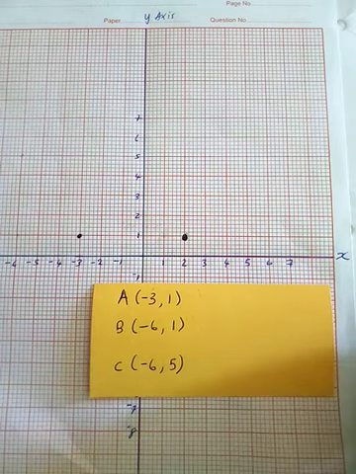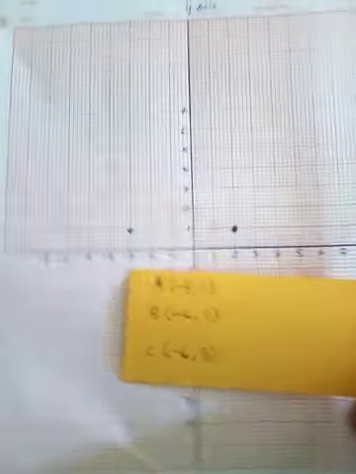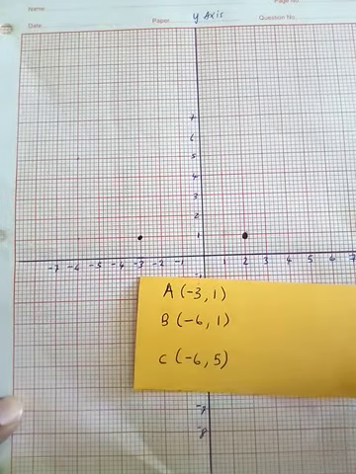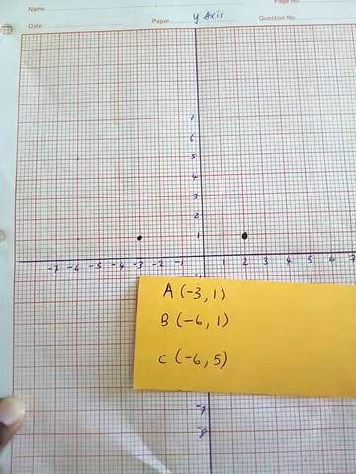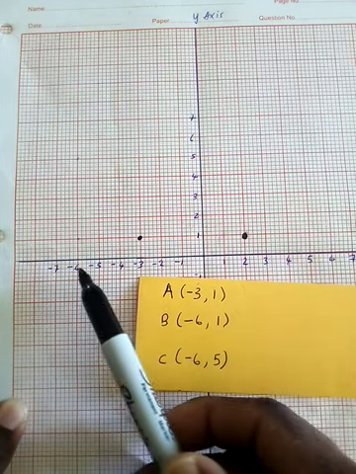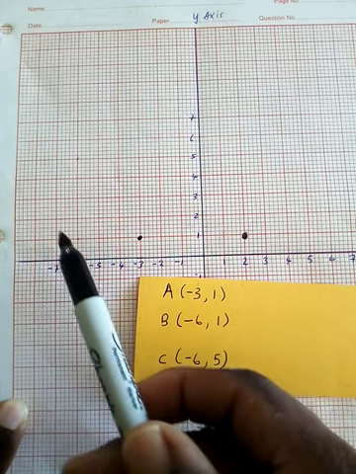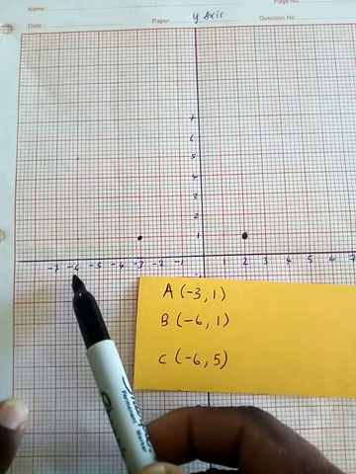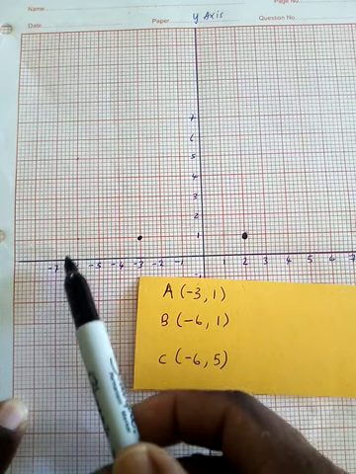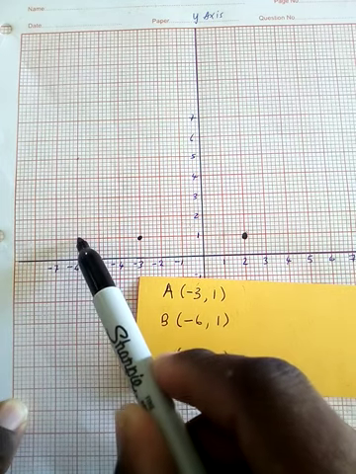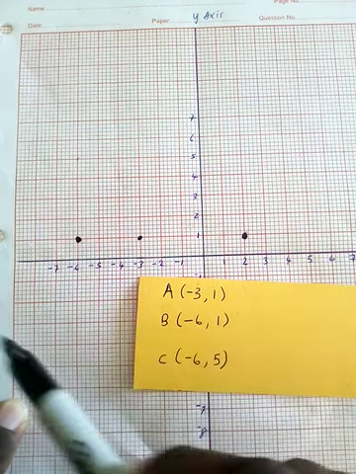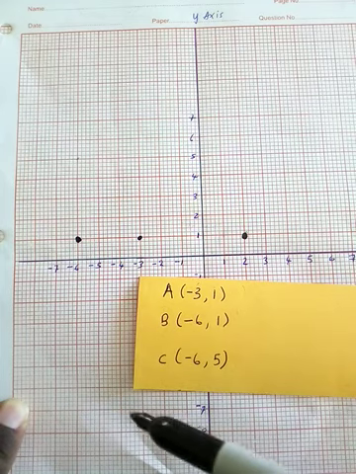Point B, -6, +1. So -6 on the horizontal, we go across to find the x value. Then we go up or down, but what we want is +1, so positive is up. So here we have another point, a position in space.